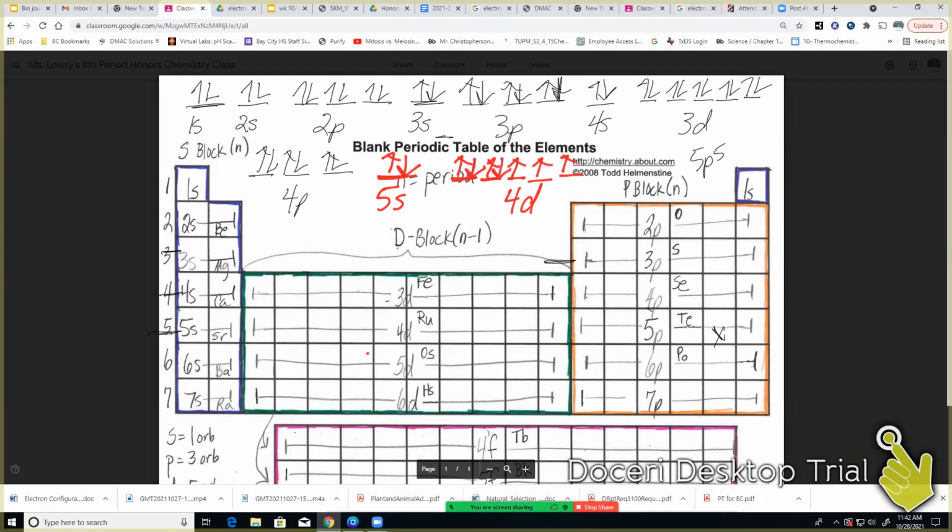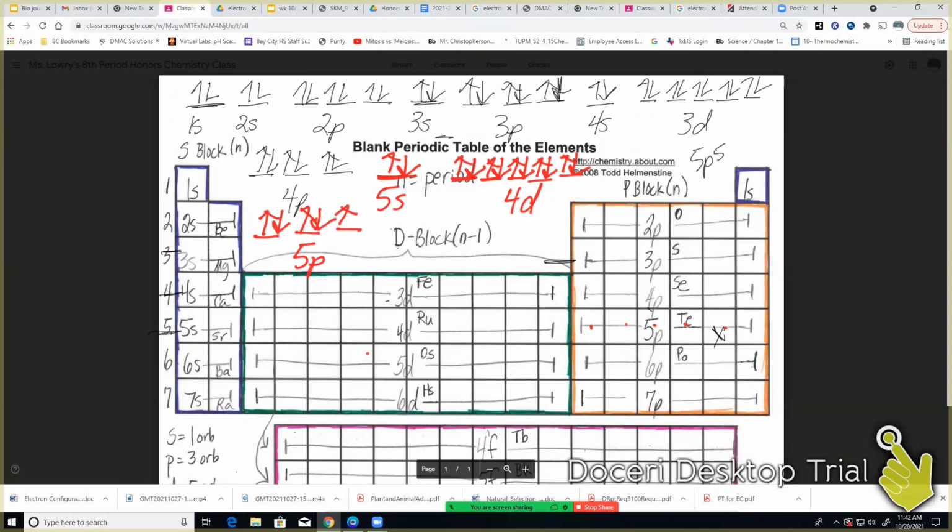Are we good so far? And finally, got to where I'm interested in my 5p. 1, 2, 3. And we said we needed 5, so 1, 2, 3, 4, and 5. All right, so that would be my long one.